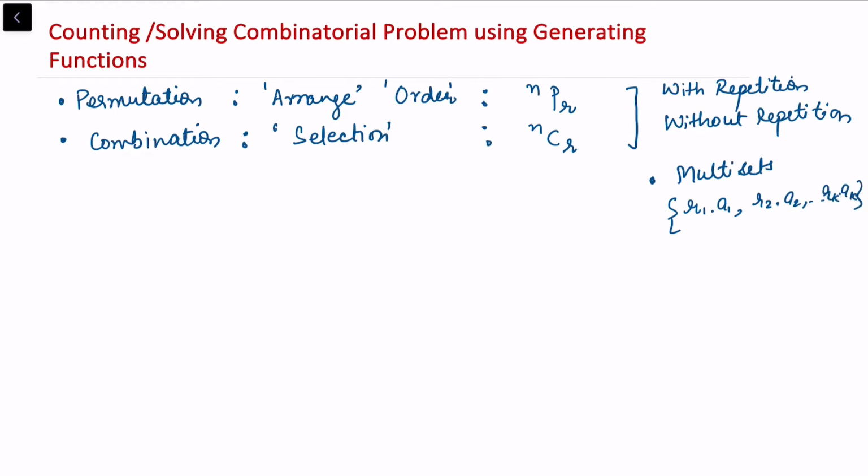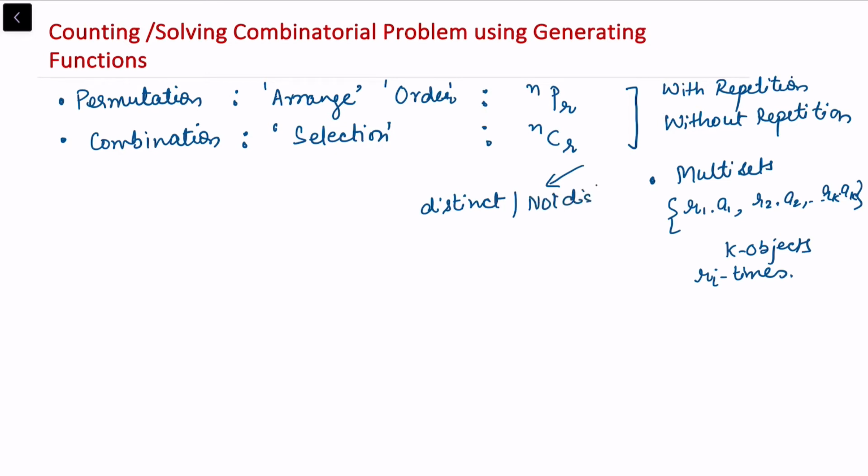So there are k objects and each object ai is repeating ri times. This means objects are not distinct. So we can have criteria like the objects are distinct or the objects are not distinct.